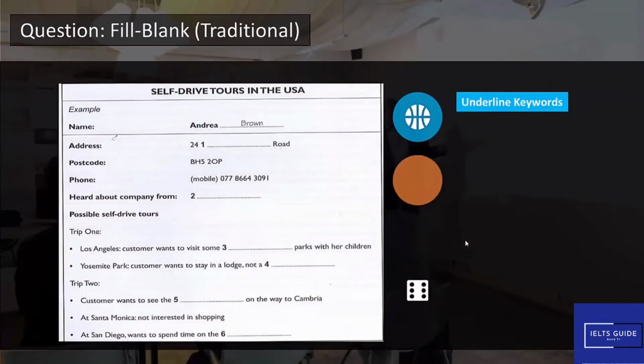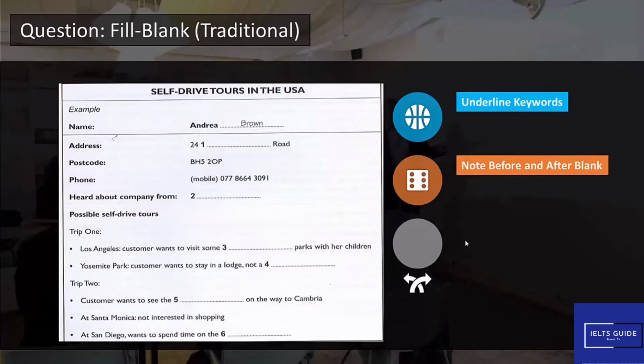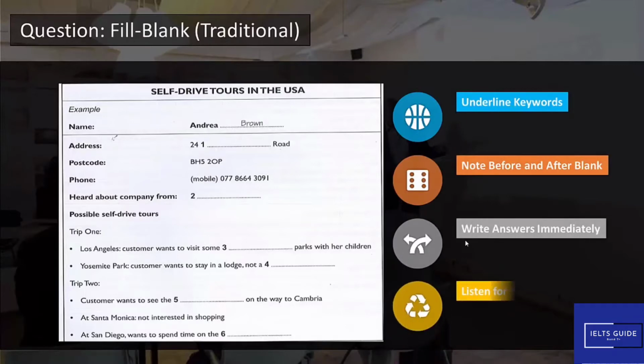As I said, you have a traditional fill the blank question type, where you have blank lines that you have to fill out. There's some language before the blank line, such as number 2 that you see here on the screen, or like number 3, where the blank line is in the middle of the sentence. The strategy for a traditional blank line question is very straightforward.